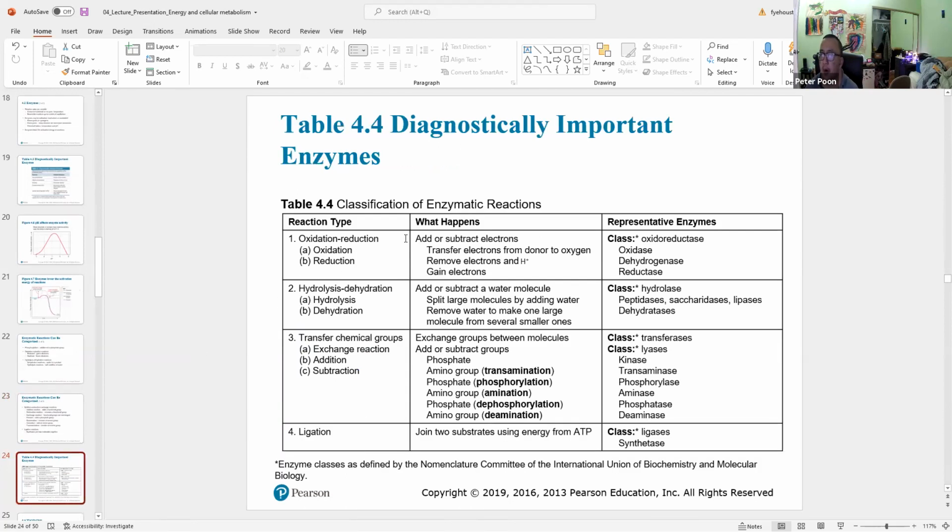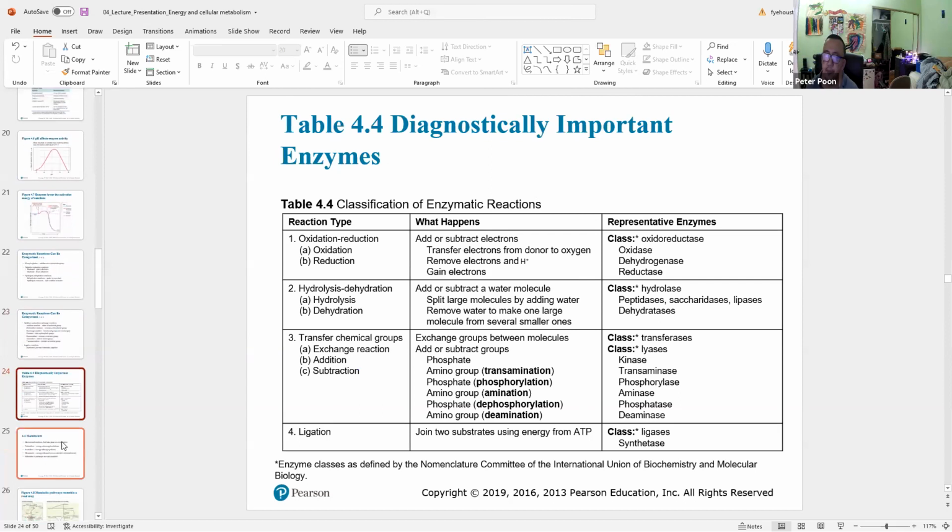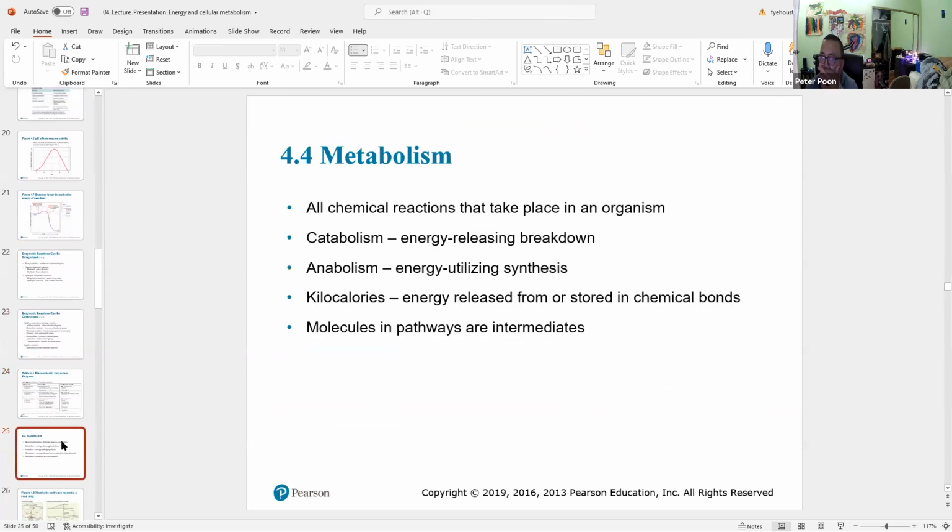Make sure you understand everything we spent all this time explaining in table 4.4. So make sure you understand table 4.4.